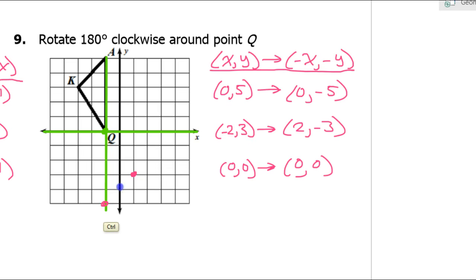Okay, so this was A prime and then K prime. And then 0, 0 will be right here, and that, of course, is Q prime. All right, connecting these dots.